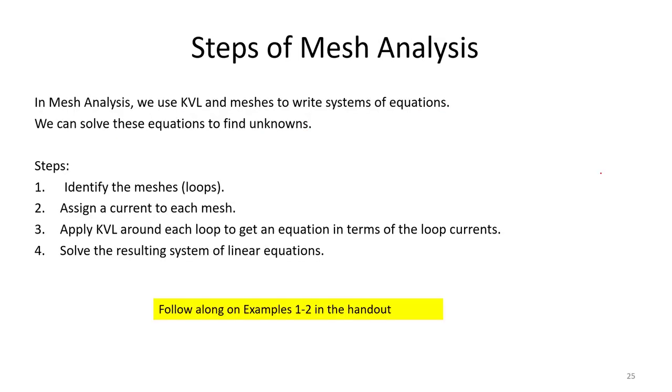So here's the general procedure you want to follow. Once again, we're using Kirchhoff's voltage law to write systems of equations for current. First step is to identify the meshes or loops where current is flowing. We assign a current to each mesh, and if needed, assume a direction for each current.